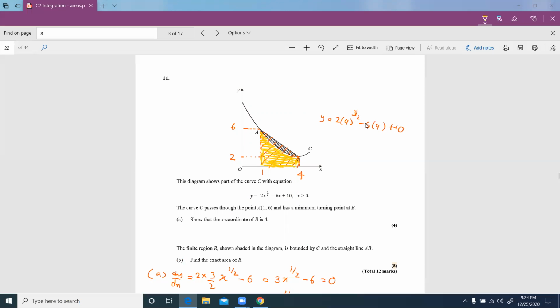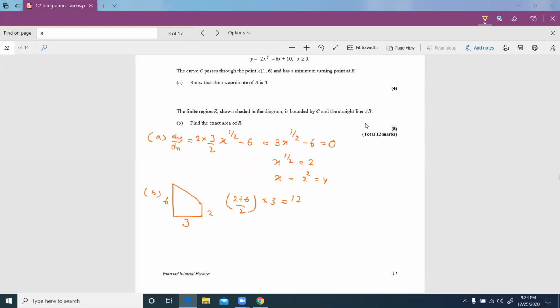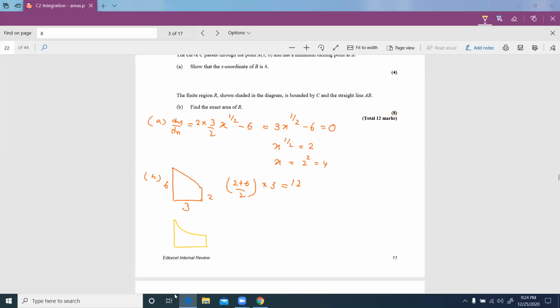How to get that area? It's a curve somewhere like this, from 1 to 4. This area you can obtain by integrating the curve from 1 to 4.